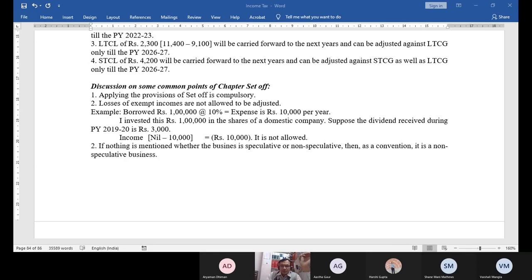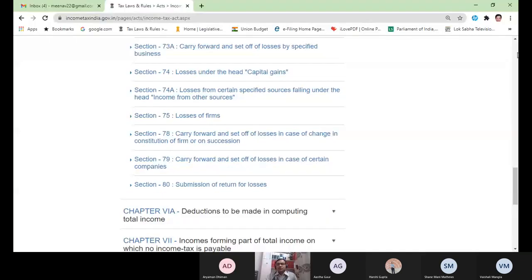Let me show you section 43 clause 5, which tells you the meaning of speculative business. That will be the last point of this class, and the topic set off is over then.